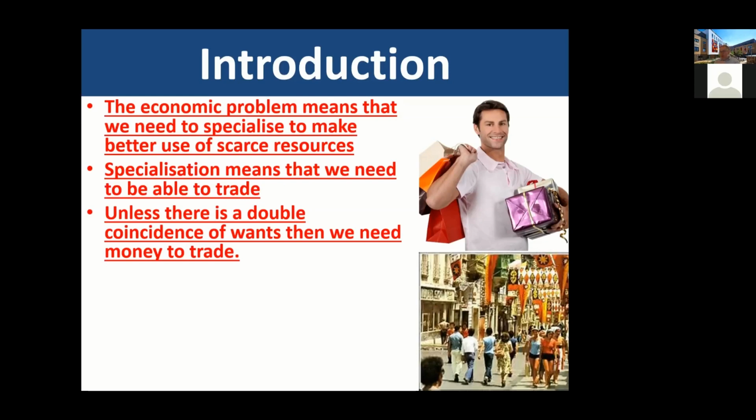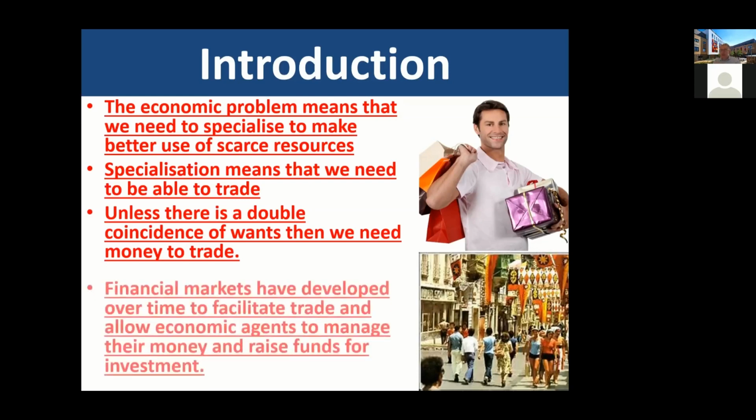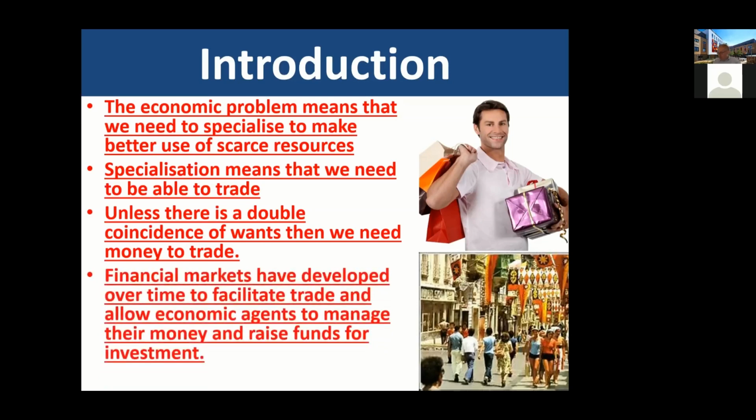So therefore, to make trading more efficient, we need money to trade. And this is basically where the role of financial markets steps into economics, because you could say that financial markets have developed over time to facilitate trade.